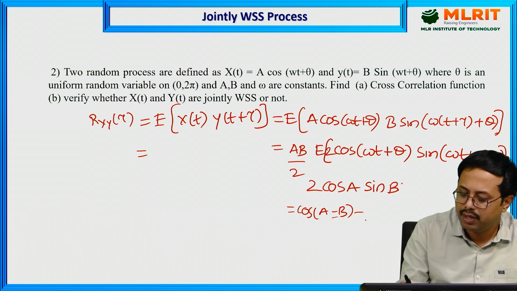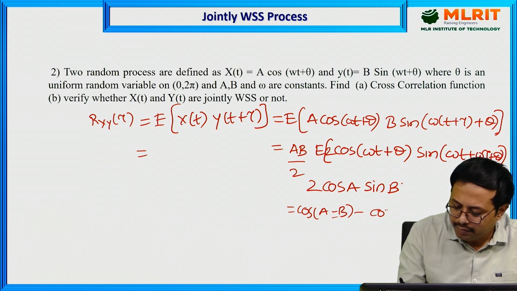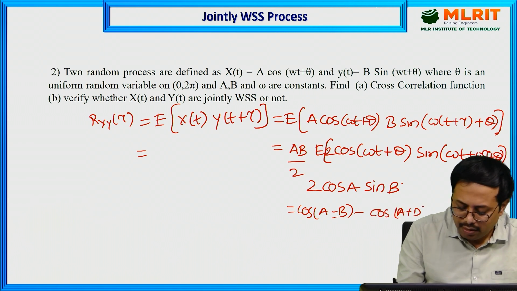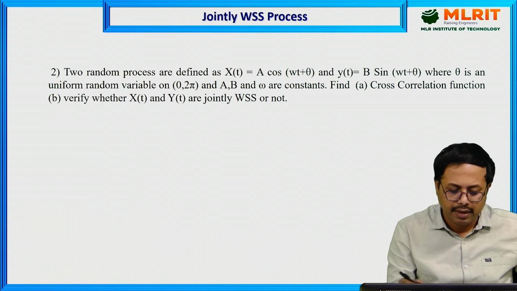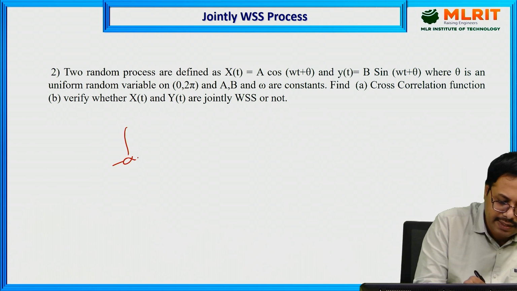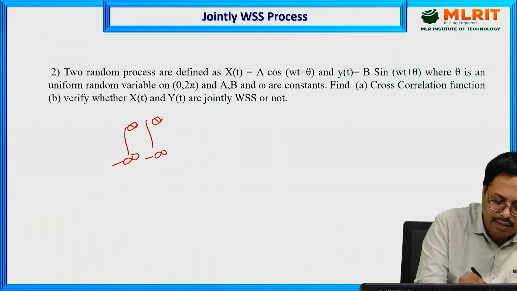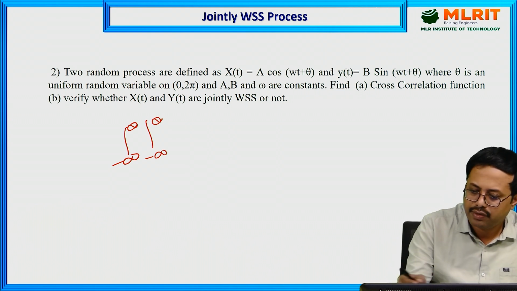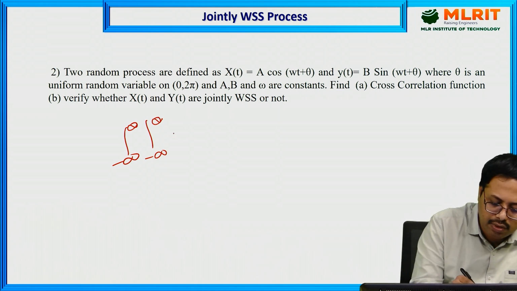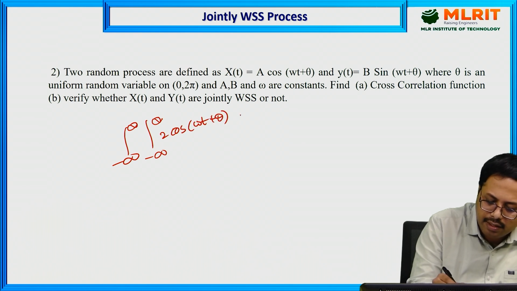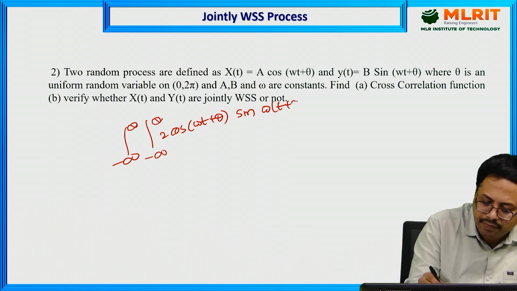Substitute that formula and simplify the integration from minus infinity to infinity. Here whatever you are having, substitute that: 2 cos A sin B, 2 cos(omega t plus theta) sin(omega t plus tau plus theta).